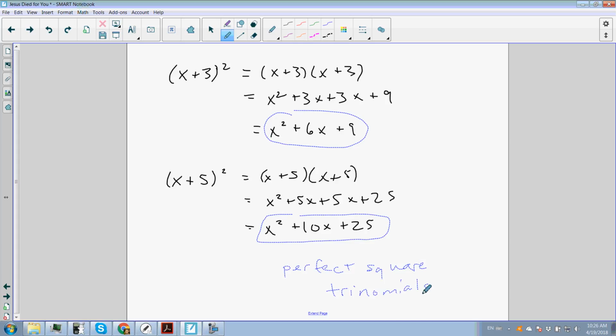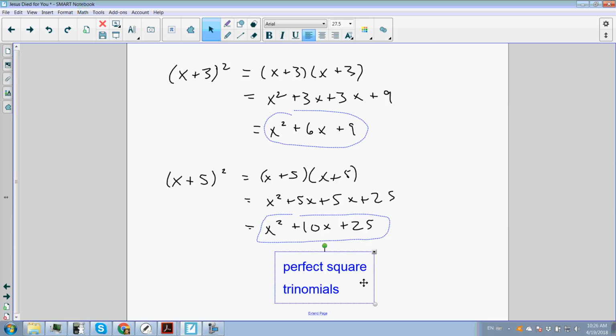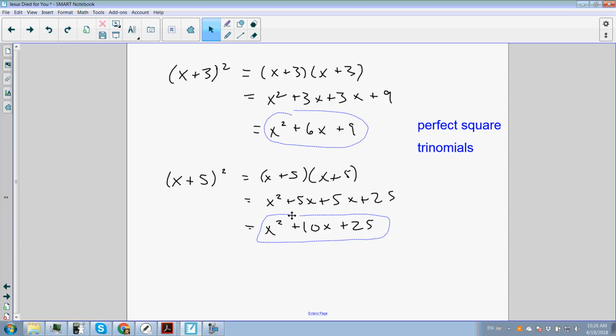They're trinomials because they have three terms. They're perfect squares because they came from the square of a binomial. Perfect square trinomials.